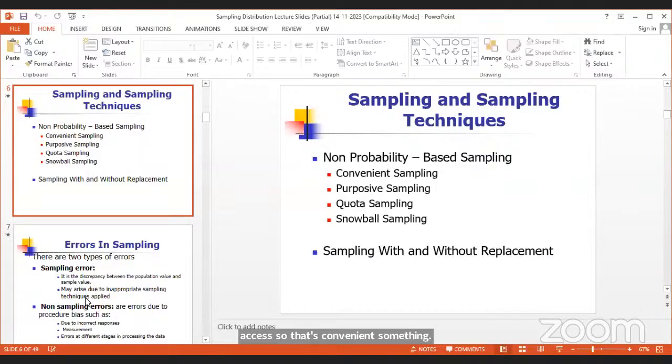purposive sampling. Now, purposive sampling is also a non-probability based sampling. But this time around, it is based on information. I select based on information. Under convenience, I select based on access. But under purposive, I'm selecting based on information.